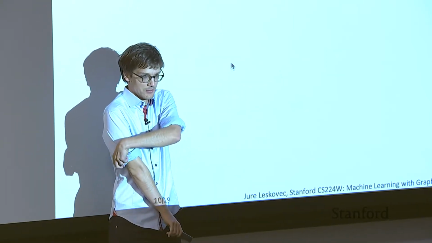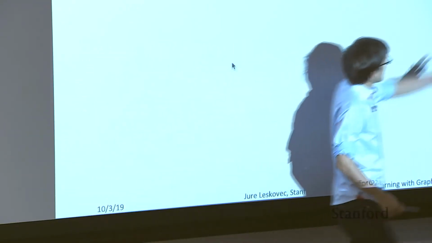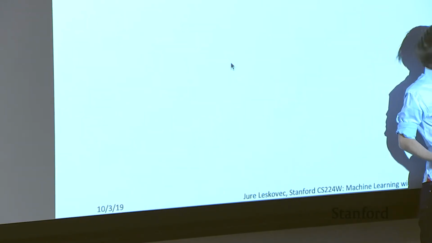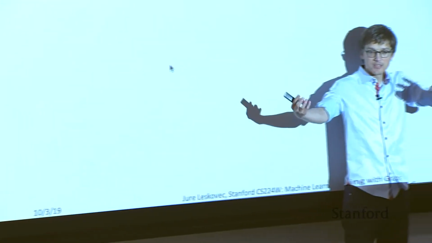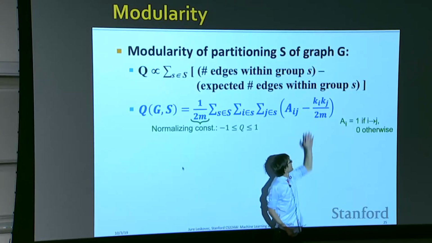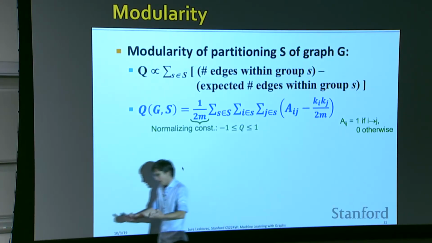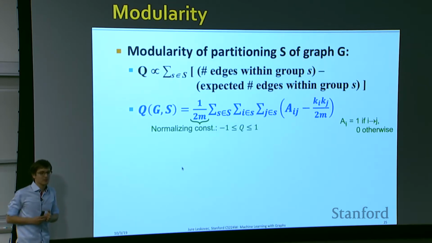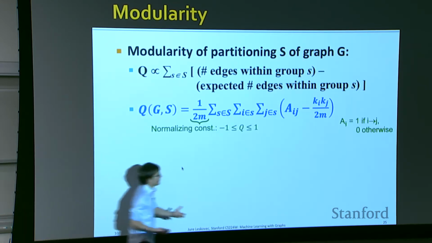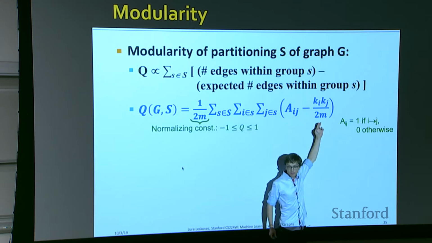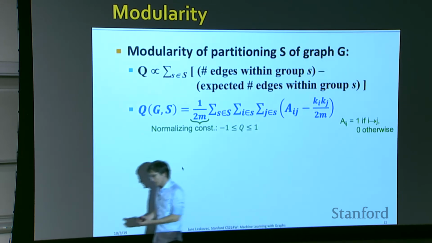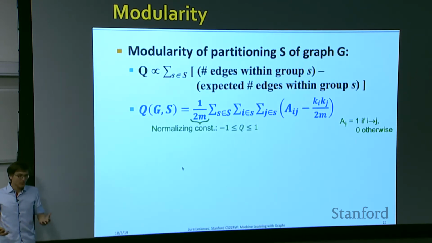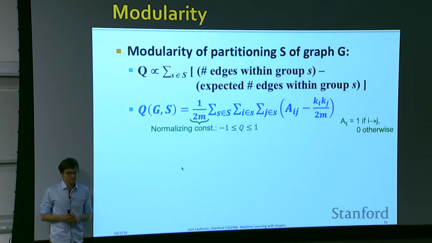You can come up with some way to say how likely an edge is to be there. The idea is that modularity is the number of edges you see minus the number of edges you would expect under some model. Now, if your model is simple enough, you can derive it. But if your model is not simple enough, you could simulate it. Nobody does that, but you could.